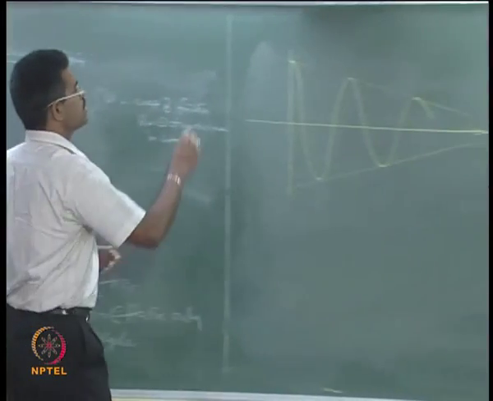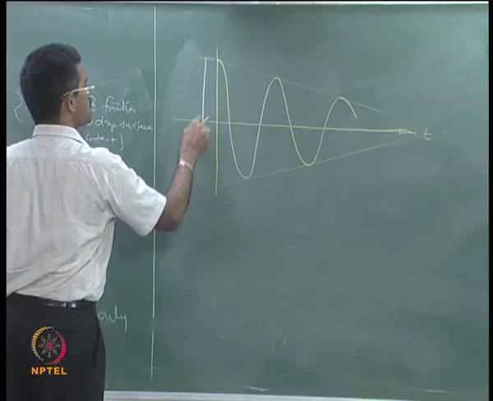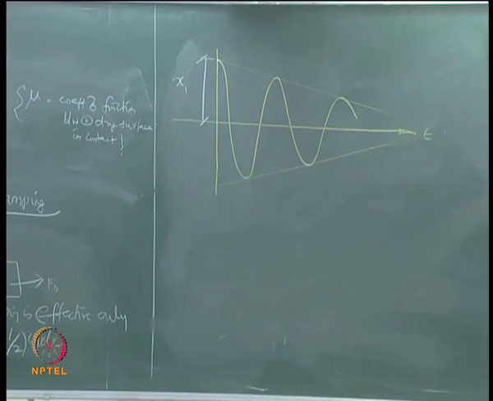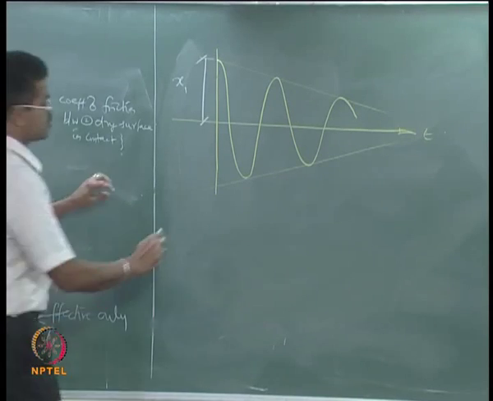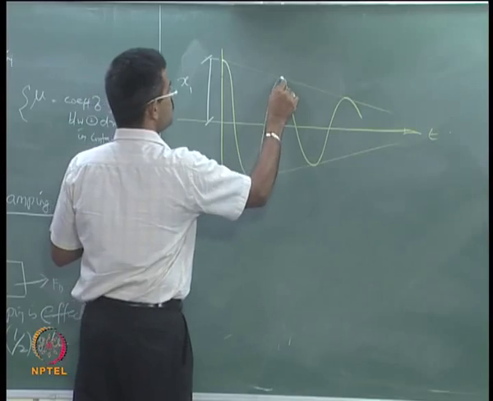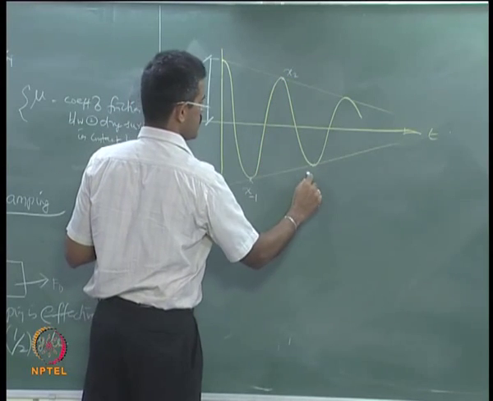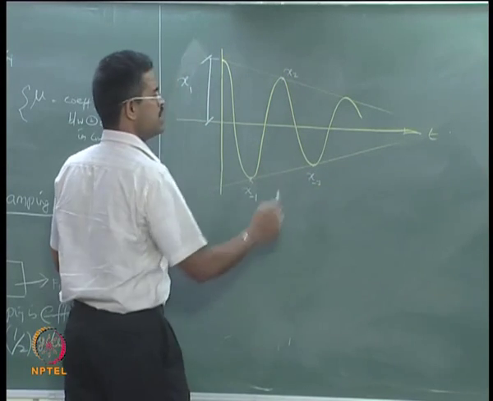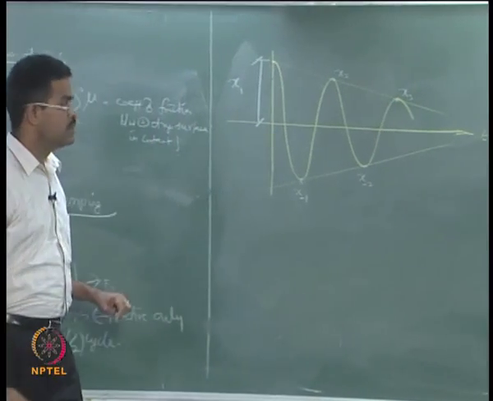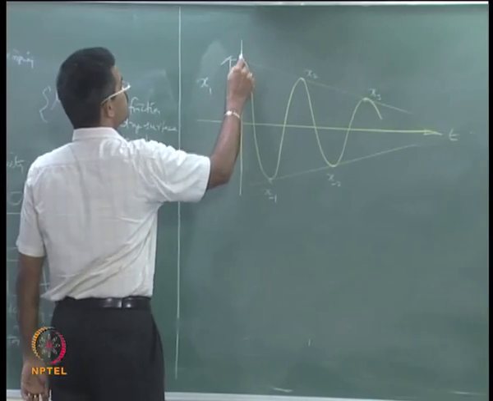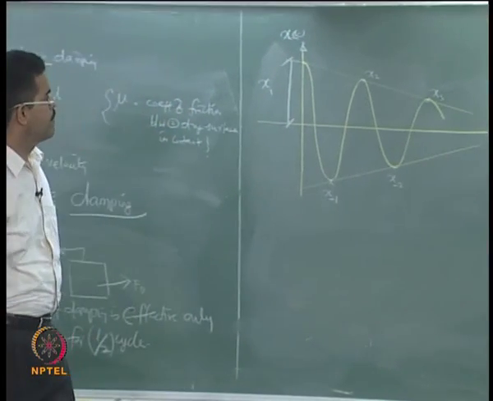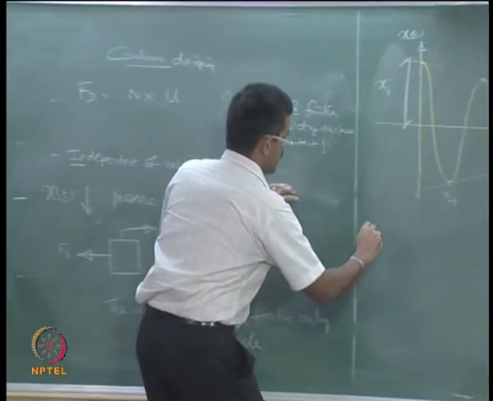Let us call this the initial displacement, I call this x1, x of minus 1, x of 2, x of minus 2, x of 3 and so on. This is x of t. So, let us select a half cycle.